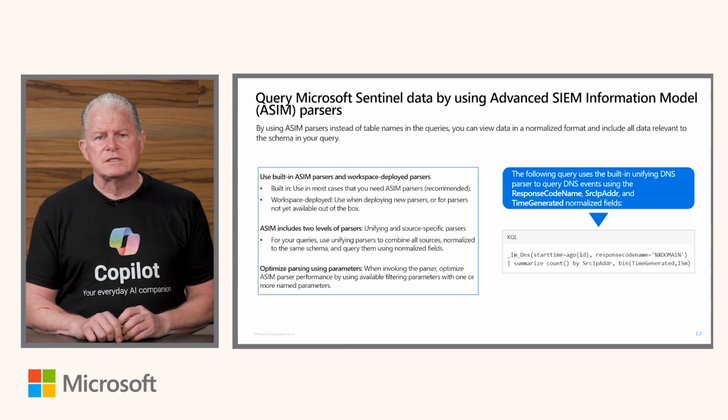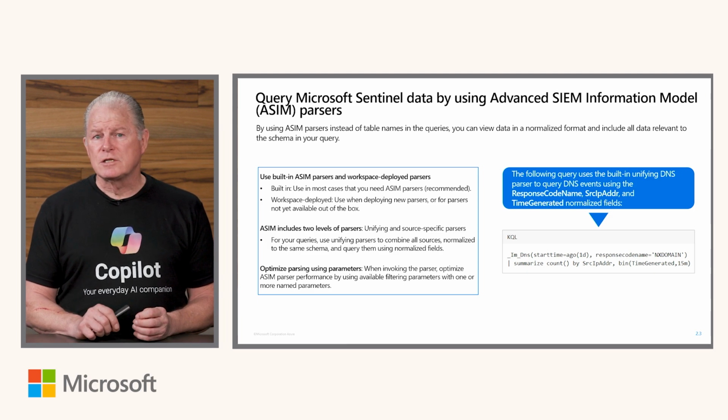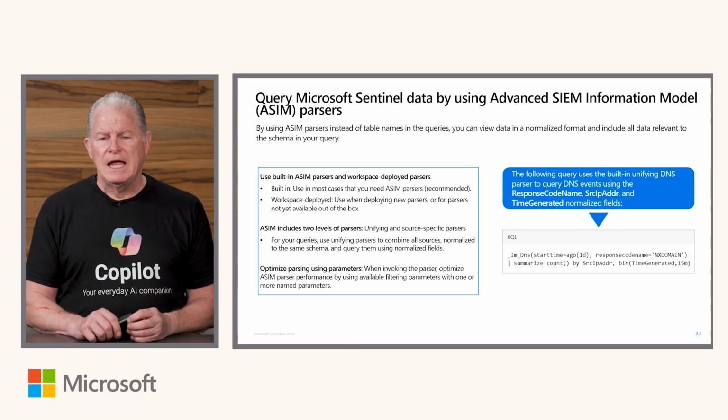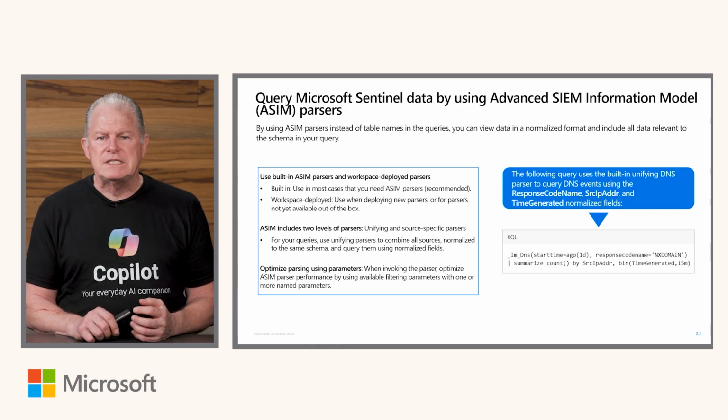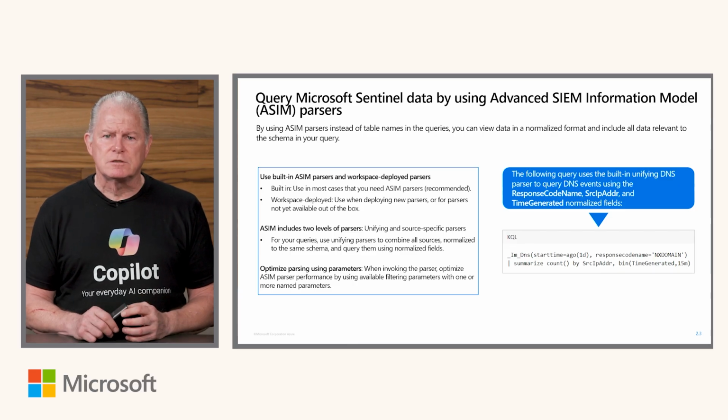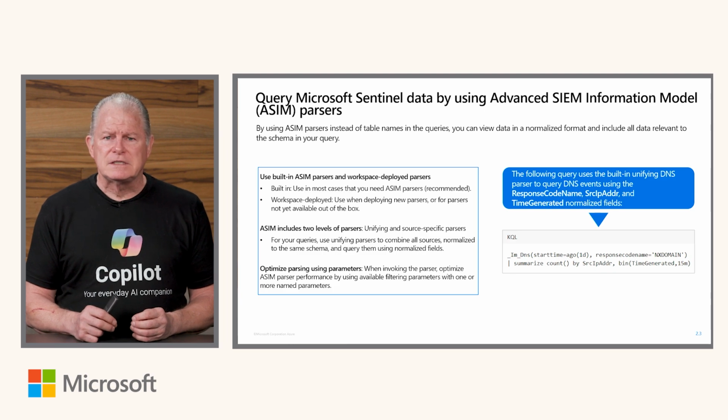Make sure you have a clear understanding of the differences, as well as the relationship between SIEM, or Security Information and Event Management, and ASIM, or the Advanced Security Information Model. For example, SIEM systems are designed to collect, analyze, and correlate security event data from various sources within your organization, whereas ASIM, on the other hand, is a schema or model used within SIEM solutions, specifically Sentinel, to normalize and standardize security data.